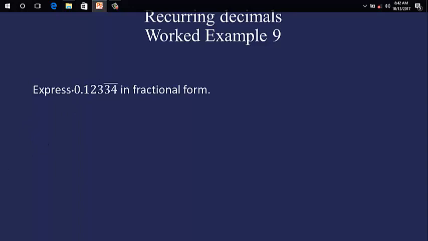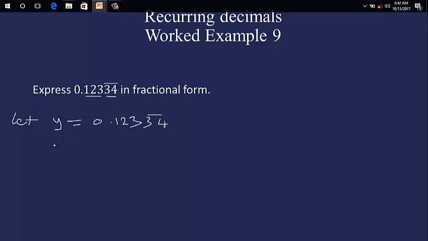In case whatever you are asked to convert consists of a non-repeating part and a repeating part, you have to cater for the non-repeating part first. So if we let y be equal to 0.123, then 34 recurring, we multiply by 1000 to cater for the non-repeating part.